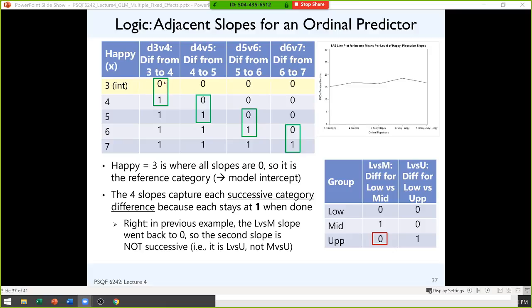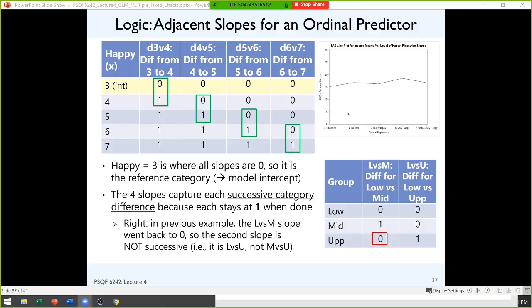So the first slope goes from 3, which is my intercept, turns on, stays 1. Second one picks up where it left off, turns on, stays 1. Third one picks up, turns off. Fourth one picks up. So it's just working its way through each of the possible differences in happiness and looking at what one more unit of happiness translates to in terms of predicted personal income.